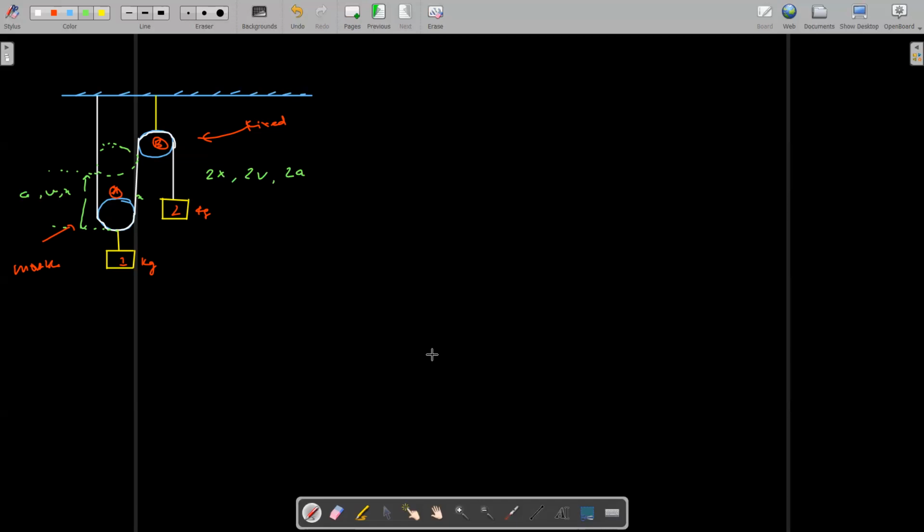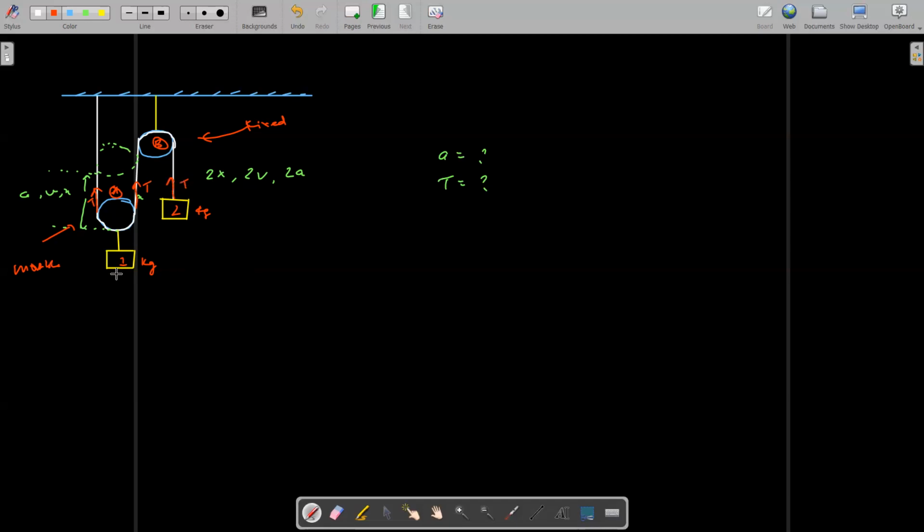And we can actually write the equations from here. We have to find both the acceleration and the tension. First, let's see which forces are acting here. There will be tension acting upwards in this direction, right? Here also there will be a tension, acting upward in this direction.